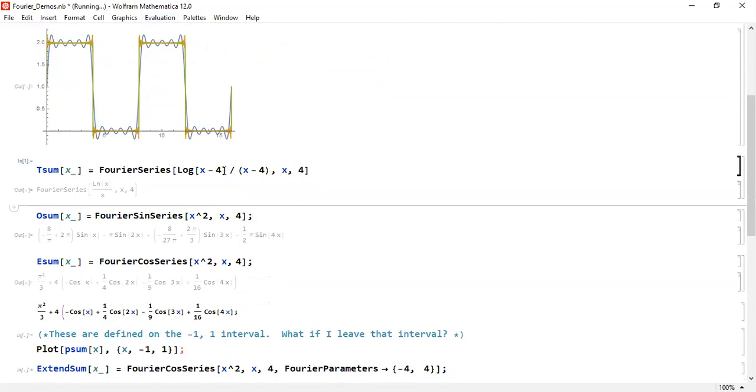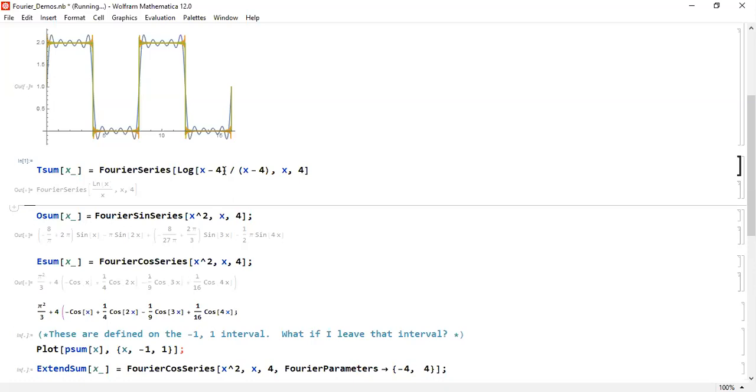Yeah, I'm surprised Mathematica doesn't throw an error, but this is a good example of what a function does that is not a good candidate for a Fourier series. With discontinuities, it won't get the answer right, but it will give you an answer. However, blowups are not okay for a Fourier series.